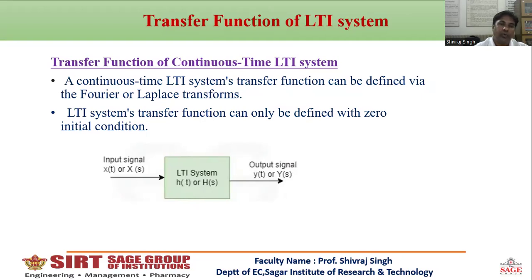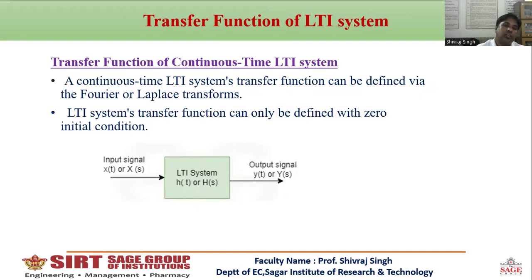The transfer function of a continuous LTI system can be calculated by the Fourier or Laplace transform. LTI system transfer function can be defined only with the zero initial condition.